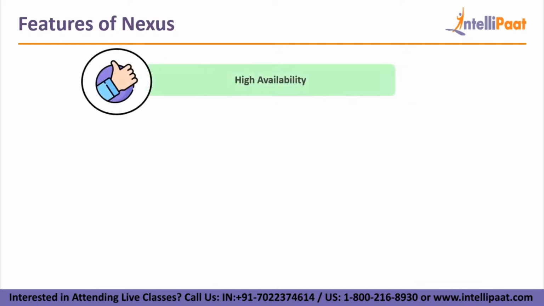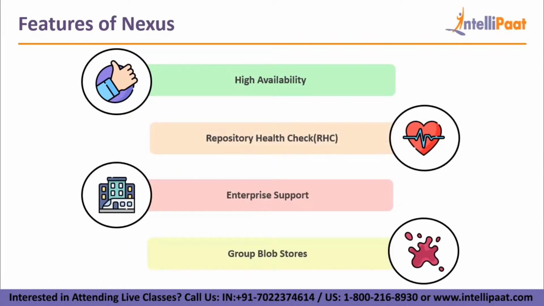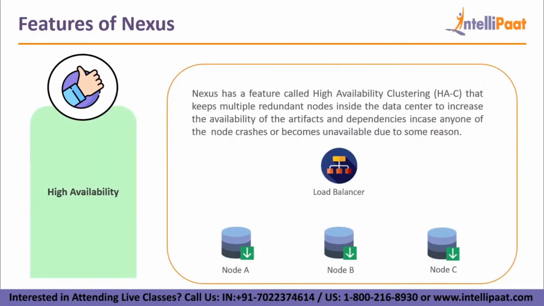There are some other features also for Nexus, like high availability, repository health check, enterprise support, and group blob stores. High availability. Nexus has a feature called high availability clustering that keeps multiple redundant nodes inside the data center to increase the availability of the artifacts and dependencies in case any one of the node crashes or becomes unavailable due to some reason.